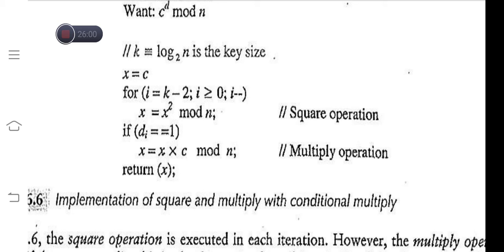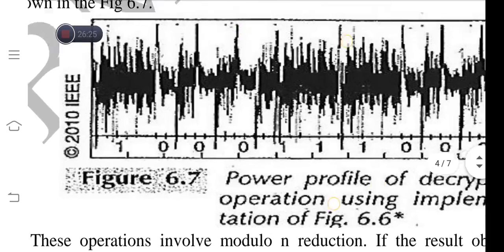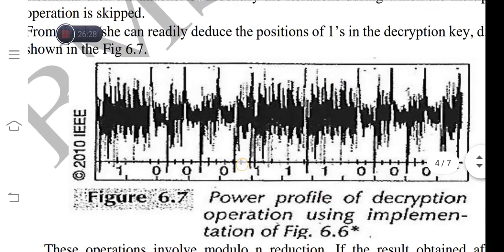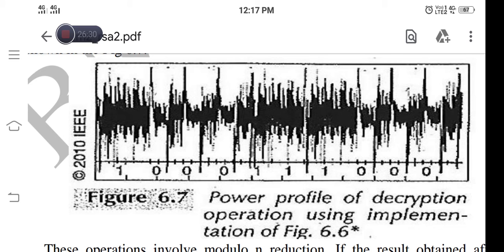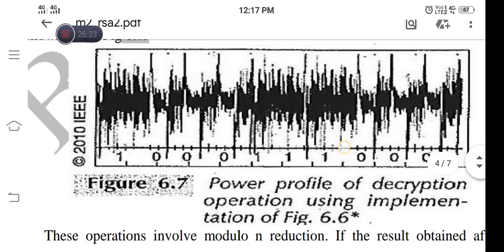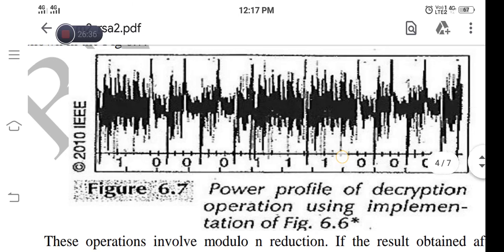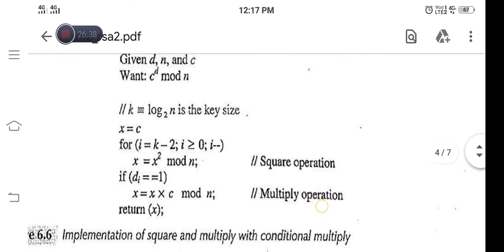So you can find the difference between the values present in the various positions of the decryption key depending on the power consumption characteristics during the square and multiply operations, if they are differing. We have the diagram here which shows the values of 1 and 0 during the decryption operation, with respect to the code we have here in 6.6.